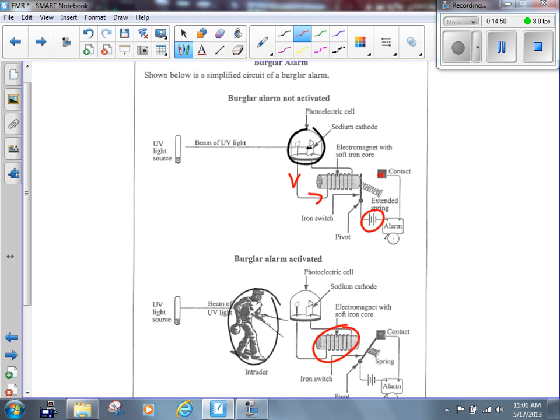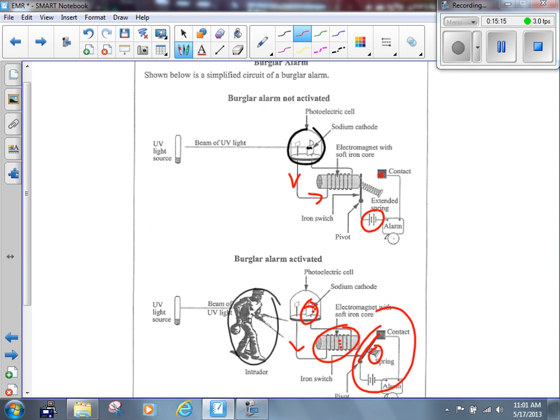These electrons aren't being ejected from the sodium cathode because you have nothing above the threshold frequency causing the electrons to be ejected. If those electrons aren't ejected, you don't have a current going down through this wire, you don't have a current in this solenoid, you don't have an electromagnet. This spring that we see down here pulls this iron switch back and makes contact here. Now we've got a complete circuit over here with the battery, and the alarm goes off.